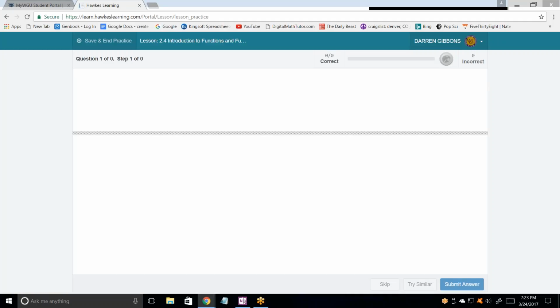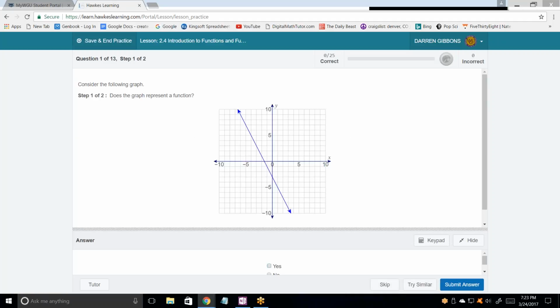Functions and function notation. Definition of a function, there's a layman's definition of it, and it means it has to pass a vertical line test. And what that means is, can I go from left to right with a vertical line and only intersect that function in one spot ever?